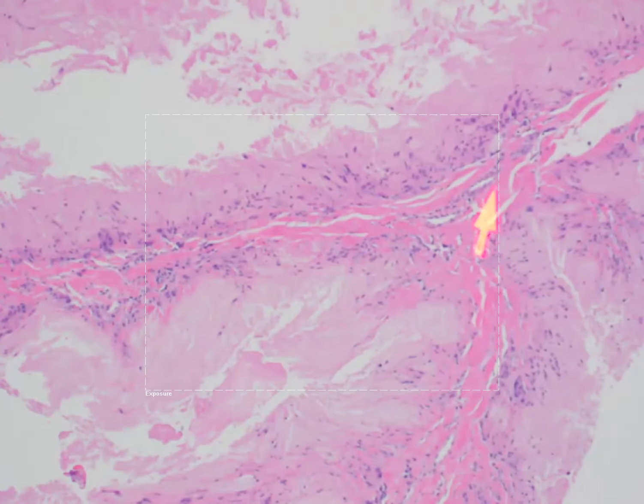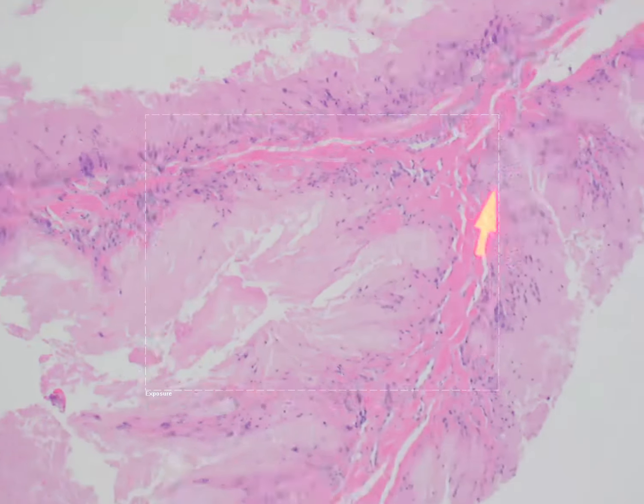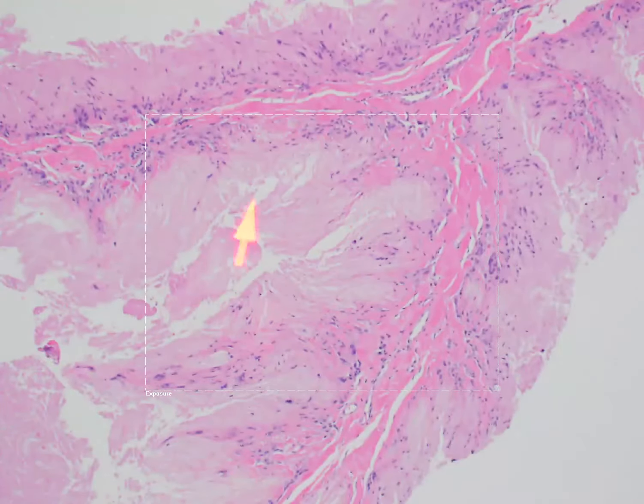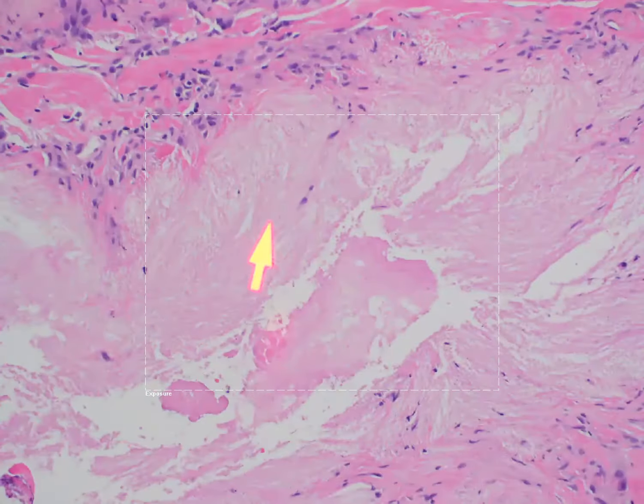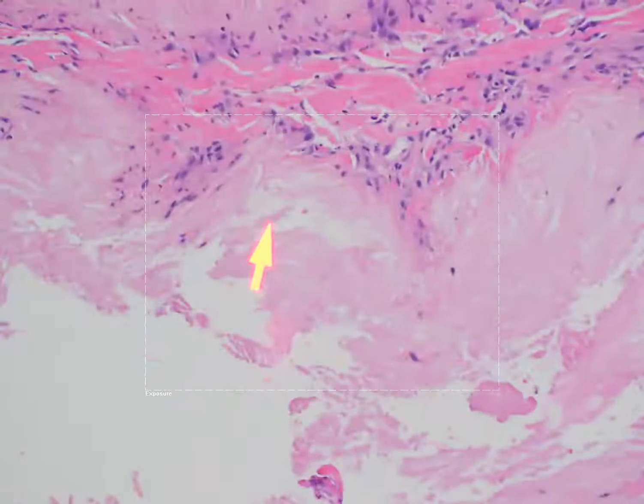The collagen bundles are dark pink, and the material that's depositing is this sort of wispy pale pink material that looks like cotton candy. Very wispy and strandy. You can see how wispy and strandy it is. So this is an example of a gouty tophus, and the pale pink material is gout.